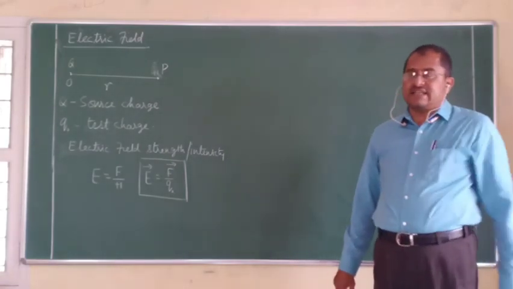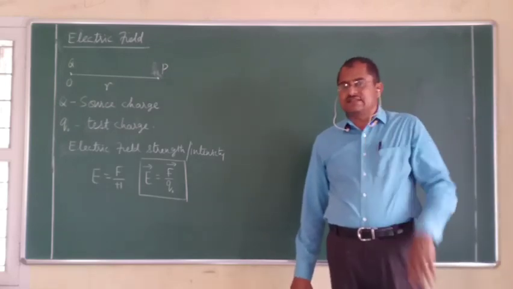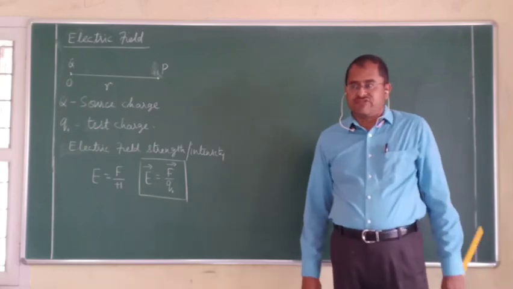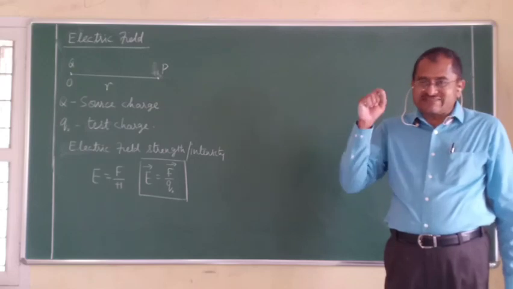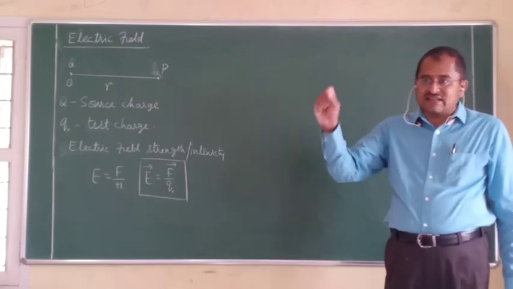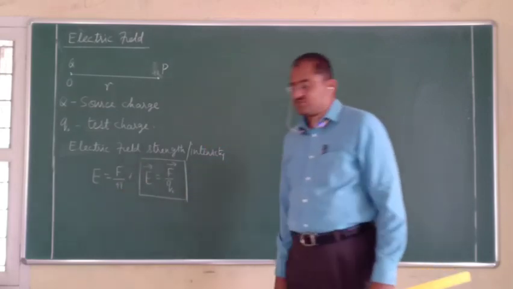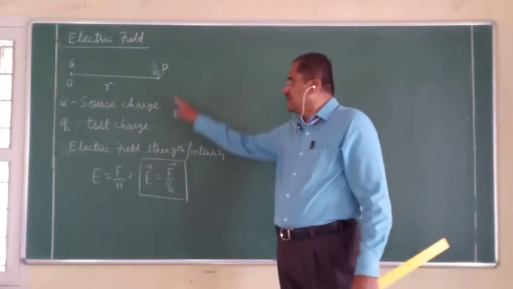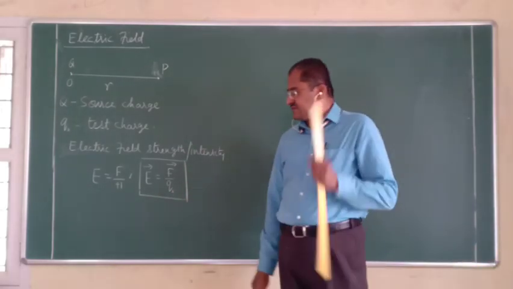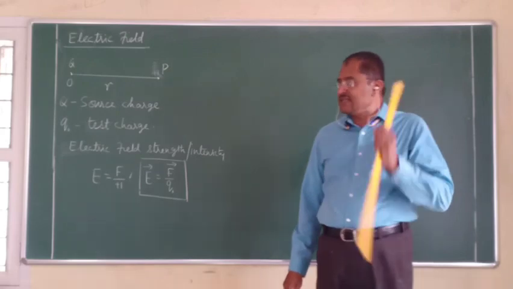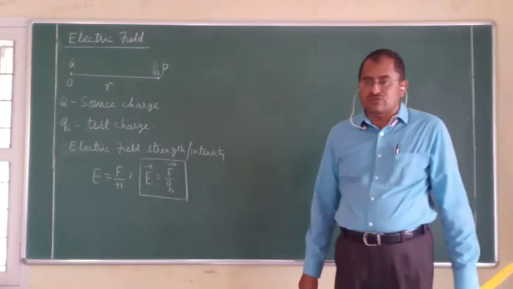Electric field intensity at a point in an electrostatic field is defined as the force experienced by a unit positive charge placed at that point. This is the equation. This is not H, this is plus. On the other hand, you place a charge Q naught, test charge. It experiences a force F. Then electric field intensity, I will write it as E vector is equal to F vector upon Q naught.